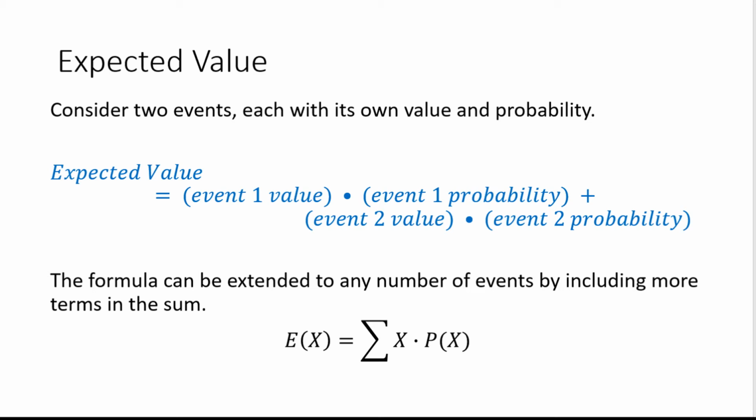This formula can be extended to any number of events by including more terms in the sum. The notation E of x equals, the big Greek sigma is read as the sum or summation of x, which is the event value, times P of x, which is the probability of that event.